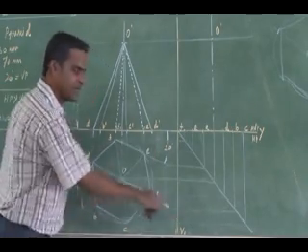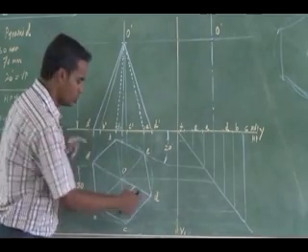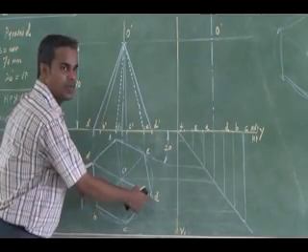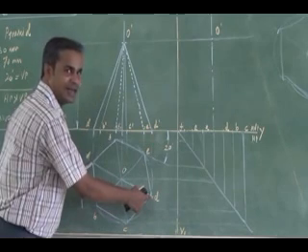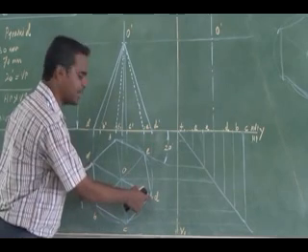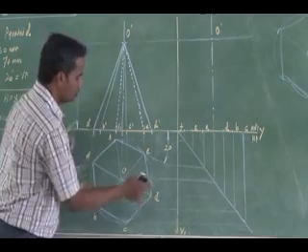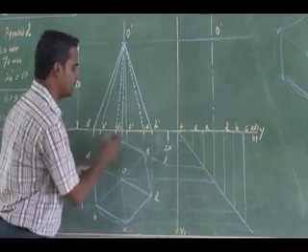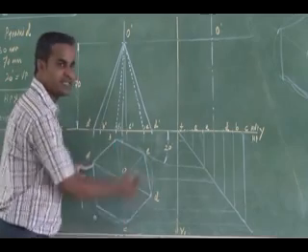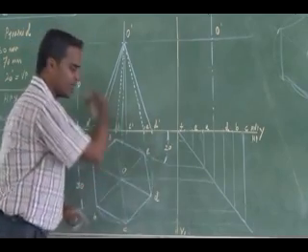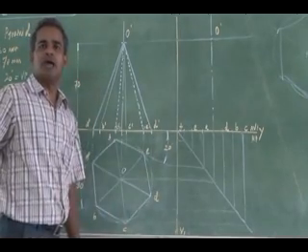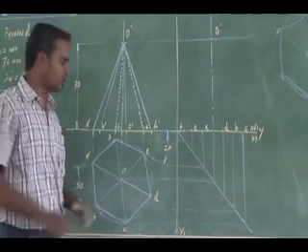I will get the intersection of that line with the construction circle at A and D. Using those two corners I can get E, F and B, C corners of the base. This is how I can finish my hexagonal base in the top view.